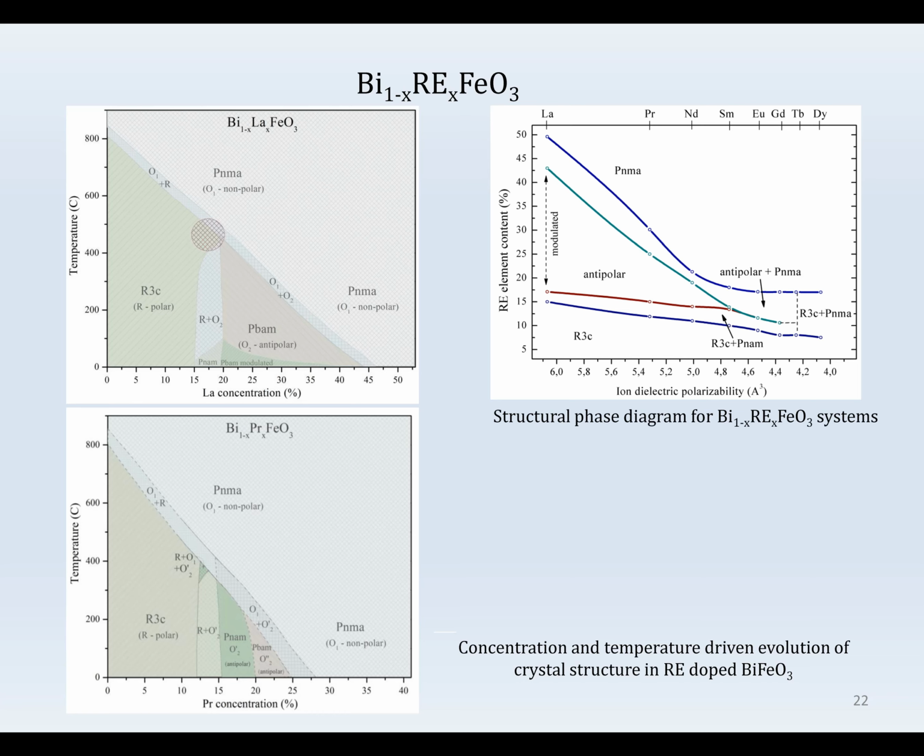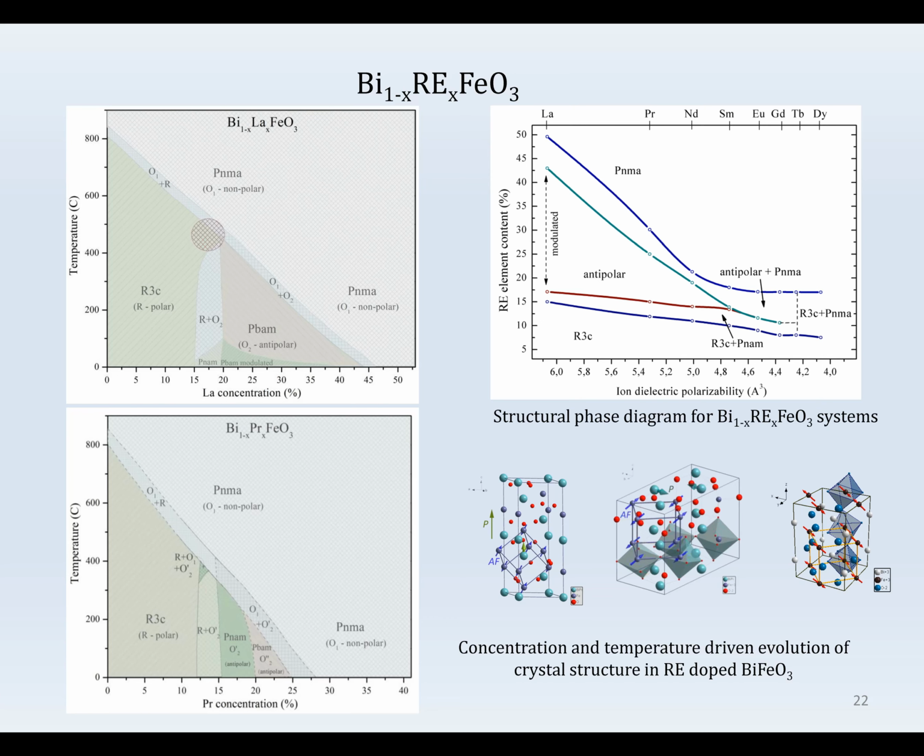And it can be interesting because the system becomes unstable to external stimuli: temperature, radiation, pressure, whatever. And mainly at this point, we play between three different structures: rhombohedral, antipolar orthorhombic, and non-polar orthorhombic.